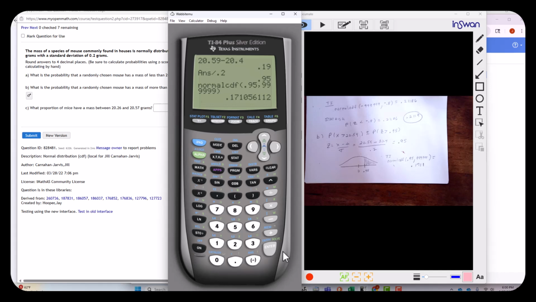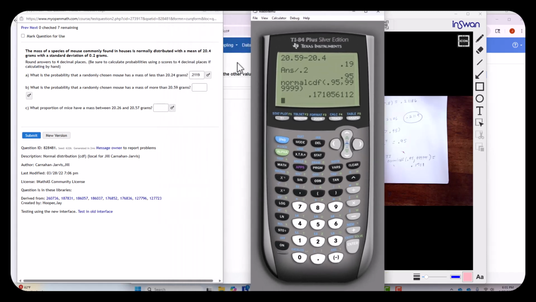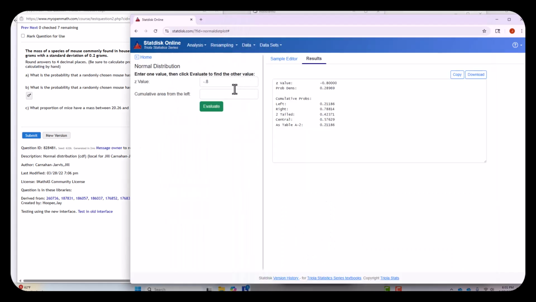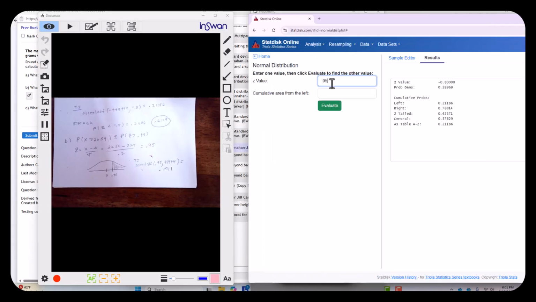Now let's go to StatDisk. We're going to go to the Z value. What were we given the Z value was? It was 0.95. And just evaluate.